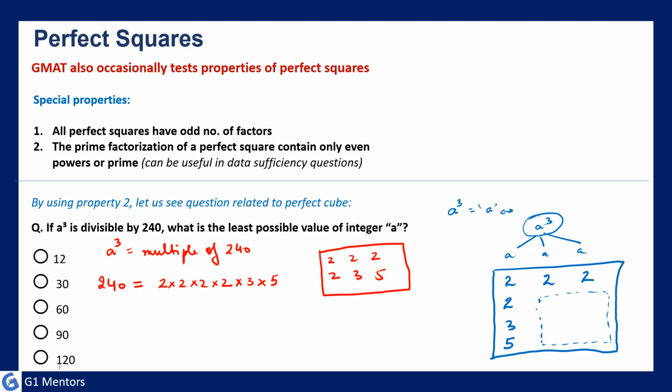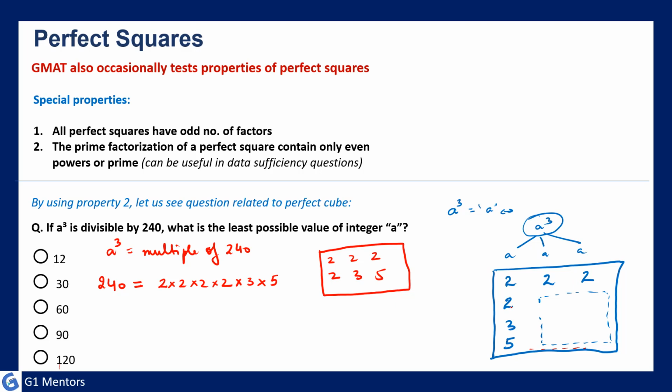Even though 240 does not contain additional instances of 2, 3 and 5, the factors must be repeated for every a. All the a's must be identical. We see here that there is a complete set of 3 twos in the prime box of a cube. However, there is a fourth 2.